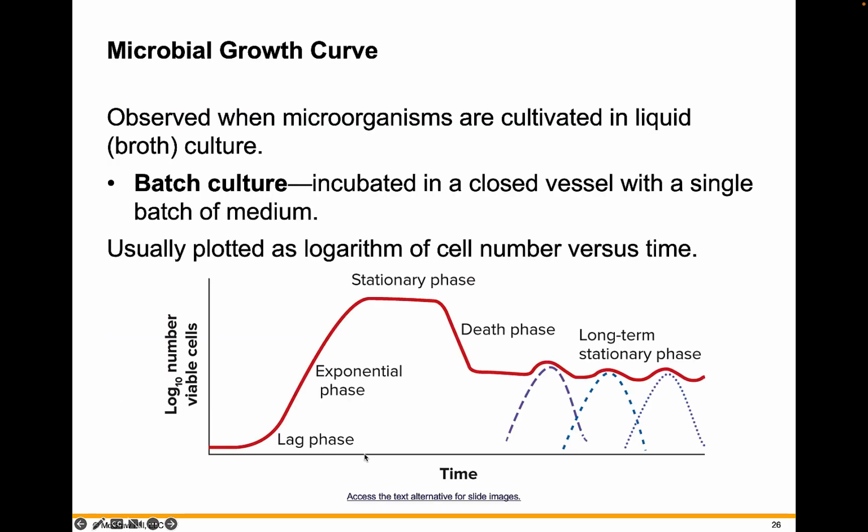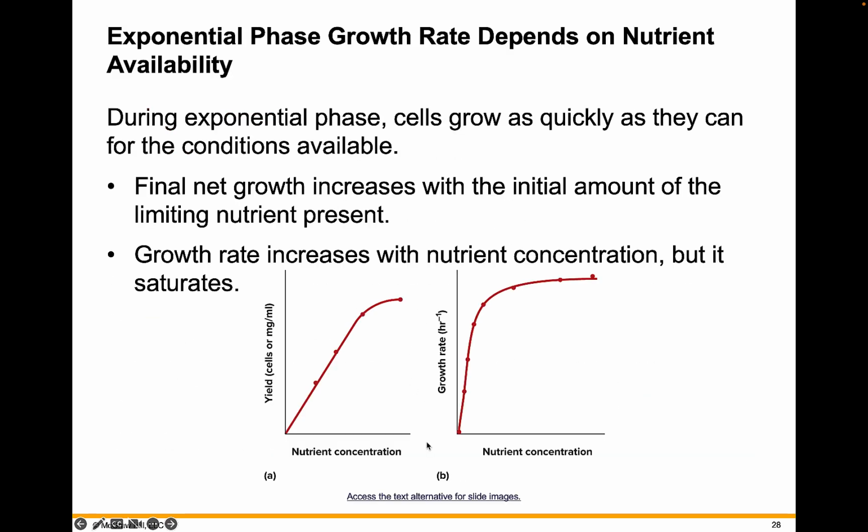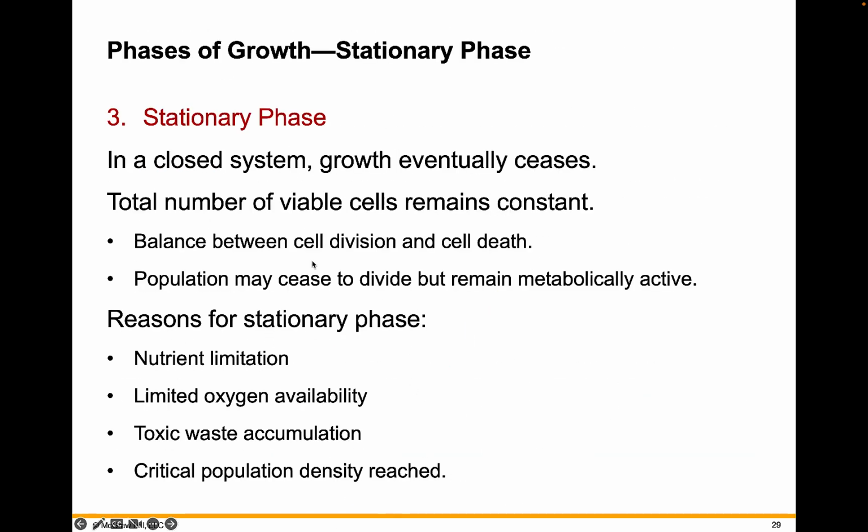But essentially, as we can see, as long as we keep the nutrients available to a certain limit and do not replenish the nutrient, it will go. And finally, what will happen in a batch culture, which is a closed system essentially, the growth will eventually cease.